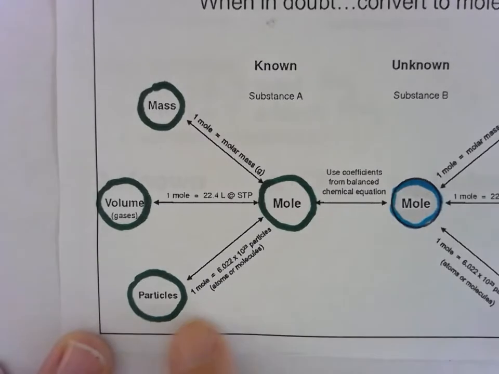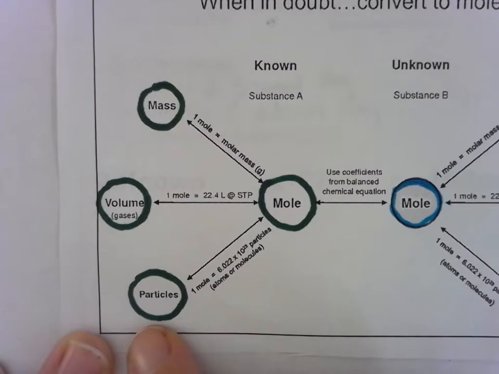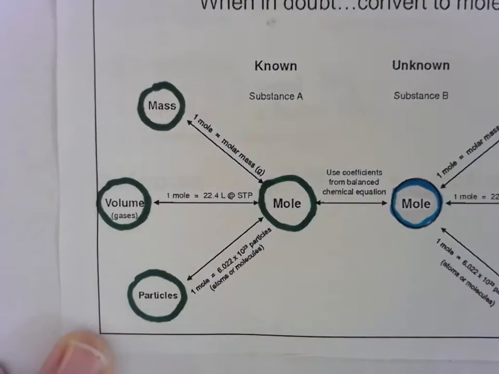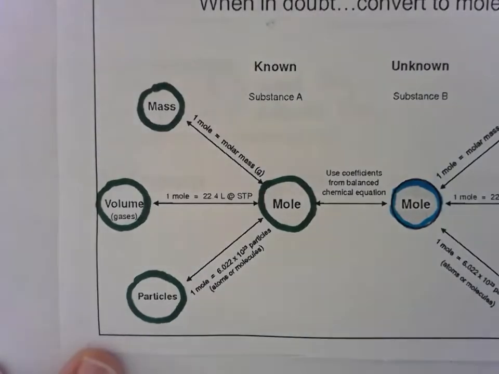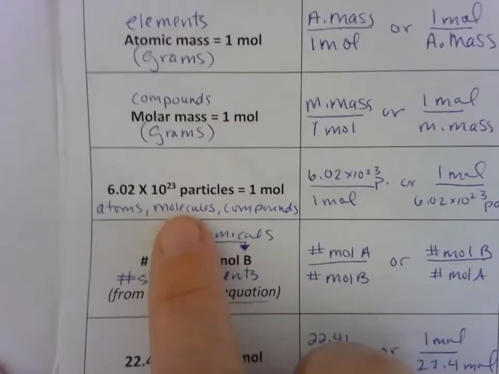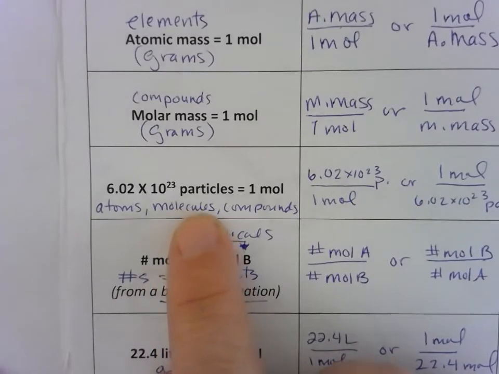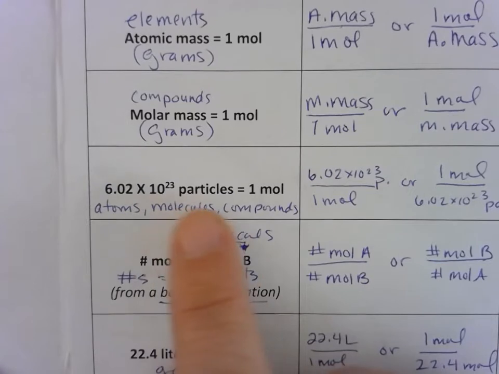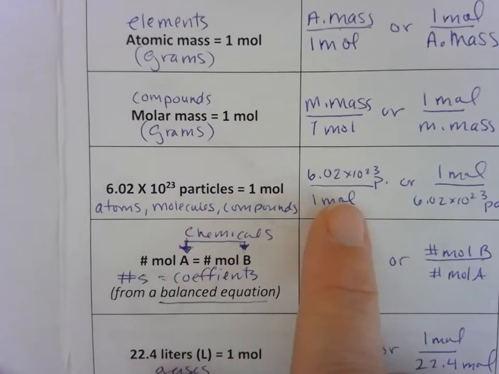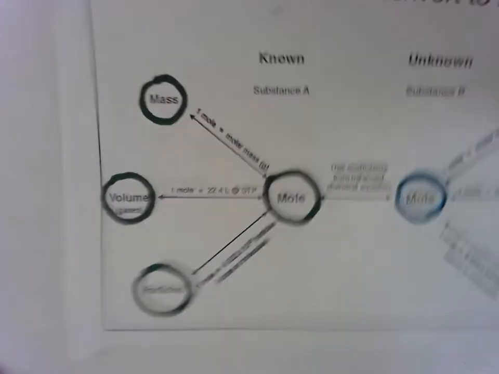So here's our atoms, and we're going to mole or mole to atoms. So we're going to use Avogadro's number. This was a reminder that these are more common words than particles. So to get from moles to particles, we're going to use Avogadro's number for a conversion factor.